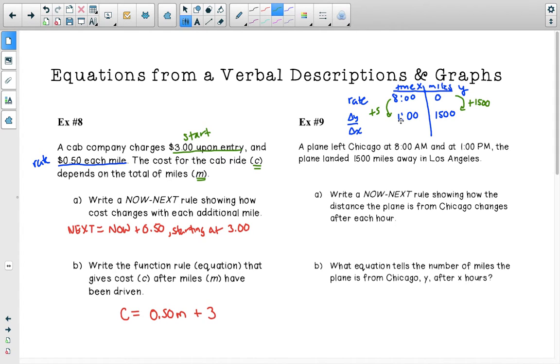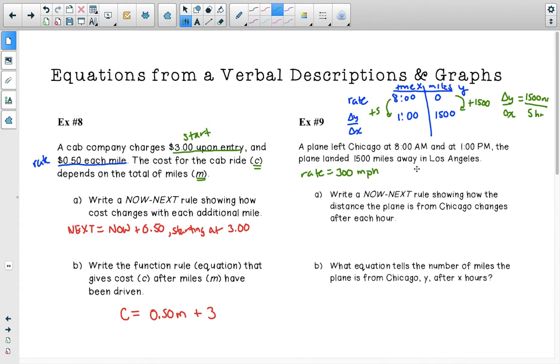So from 8 a.m. to 1 p.m. is 5 hours. So change in y over change in x is 1,500 miles over 5 hours. 1,500 divided by 5 is 300. So our rate is equal to 300 miles per hour, mph.